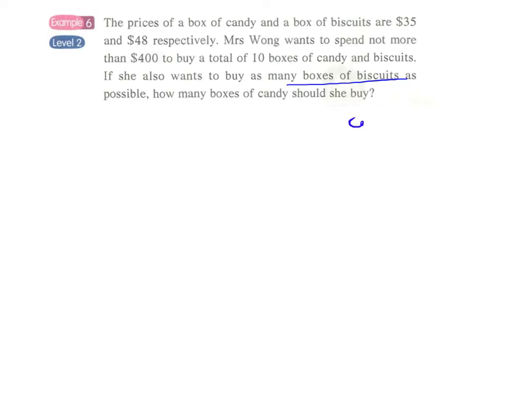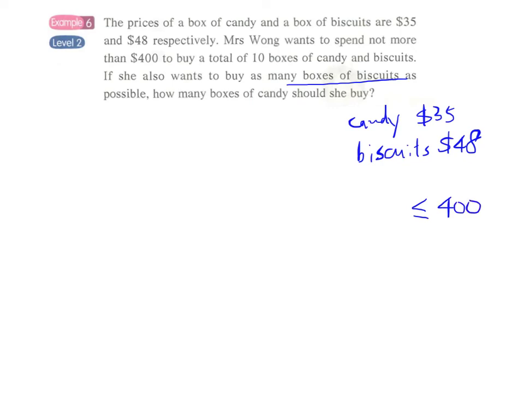So we can just write down candy will be $35 for each box, and biscuits is $40. And she wants to spend not more than $400 in buying biscuits and candies.